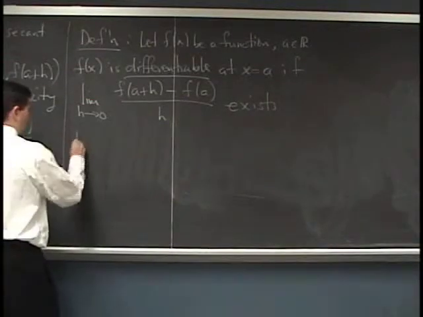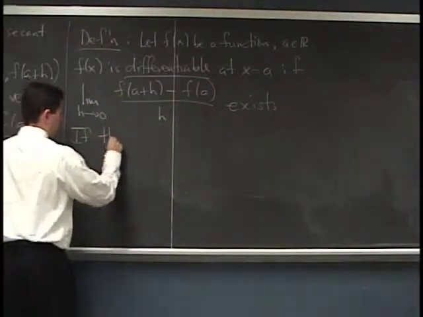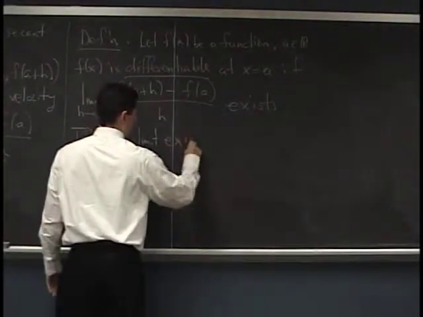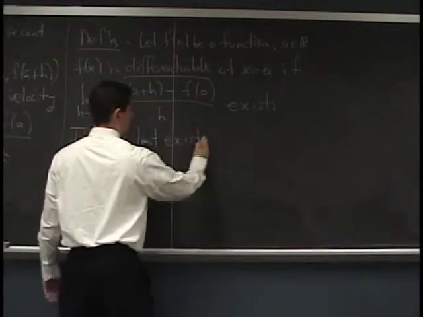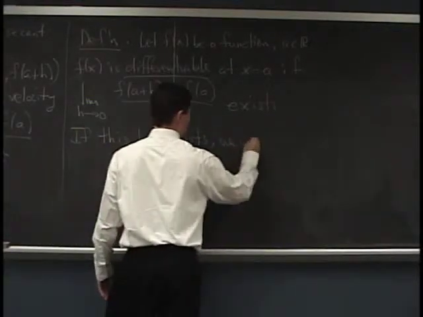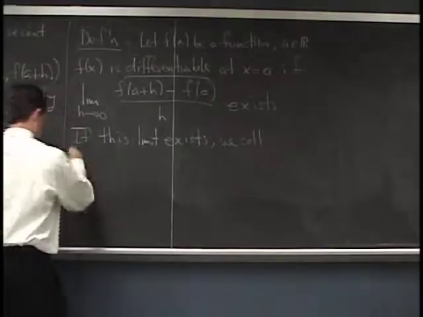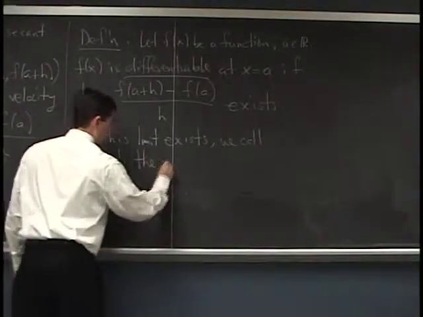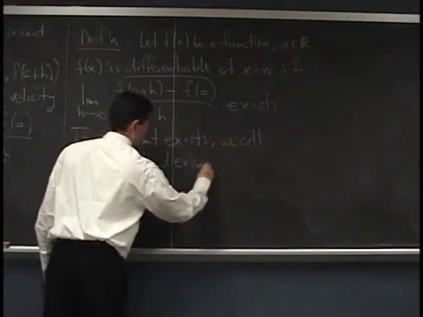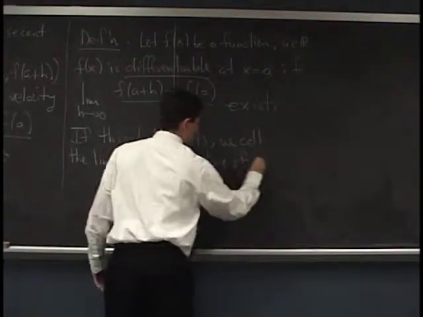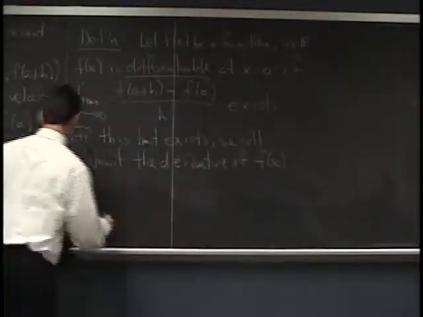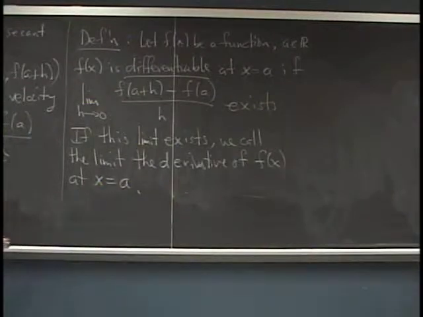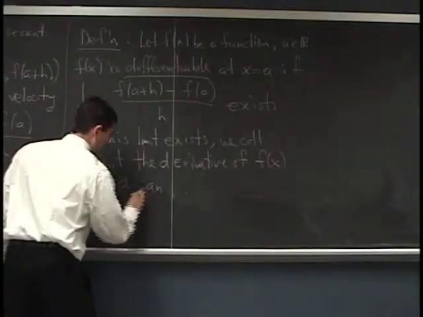So, if this limit exists, we call the limit the derivative of f of x at x equals a.